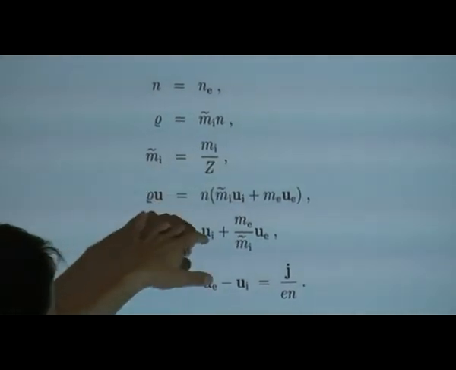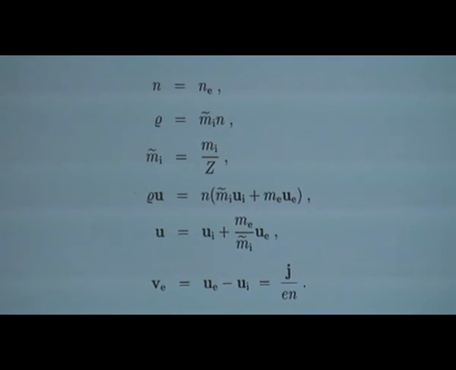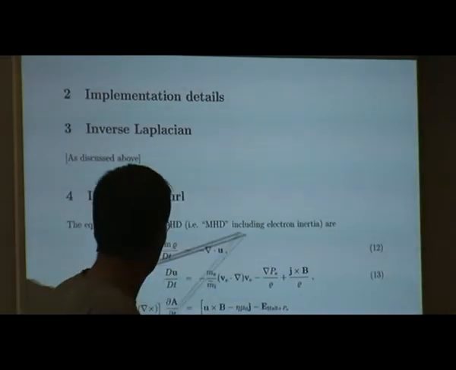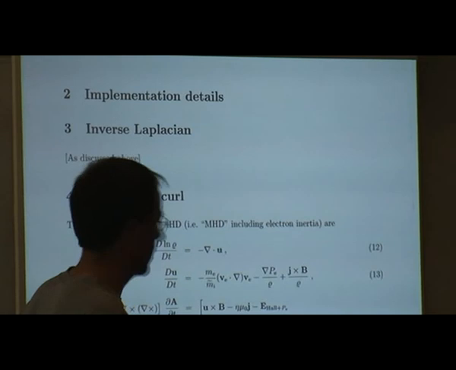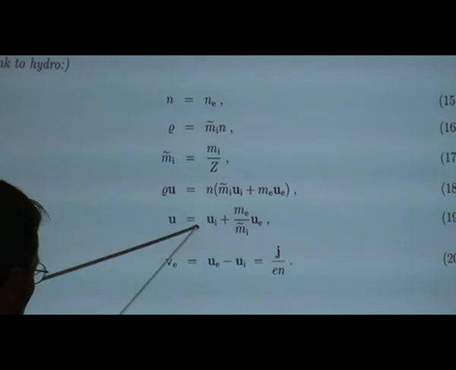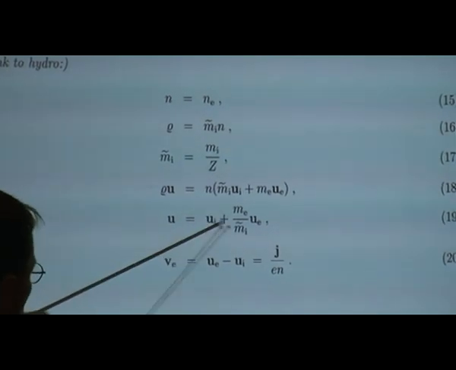If you do it like this, that's the way to get the normal continuity equation. So if you define U like that, then you recover this equation, which is nice. And as you can easily see, U is then given by this combination of ion velocity and electron velocity.